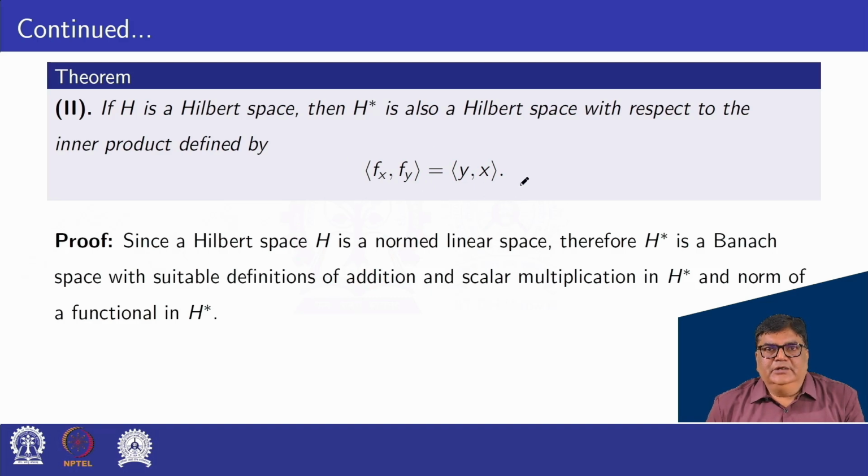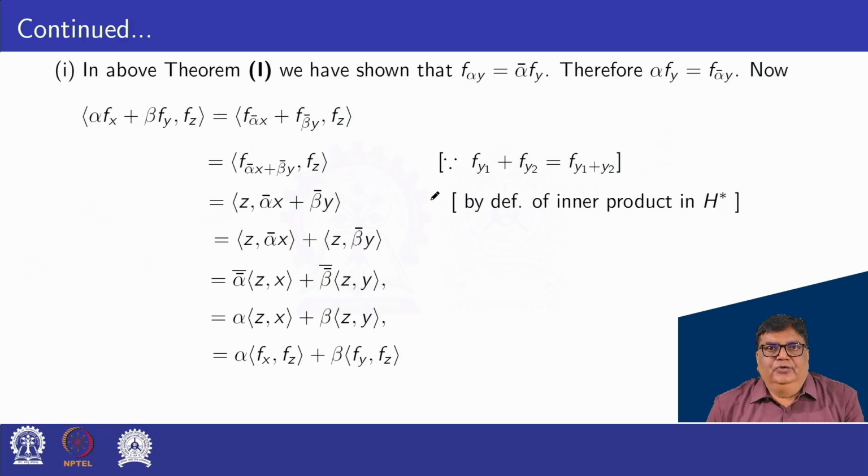So, using this definition, we can write this inner product as the inner product of z and ᾱx + β̄y, by the definition of inner product in H star. This equals the inner product of z and ᾱx plus the inner product of z and β̄y, by the property of inner product.